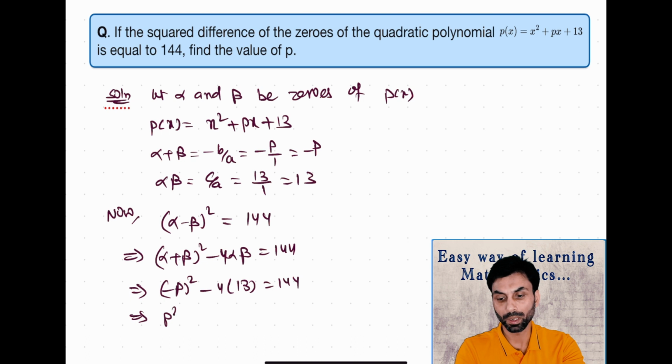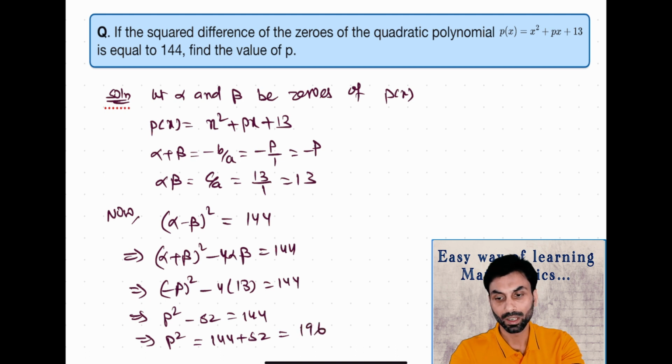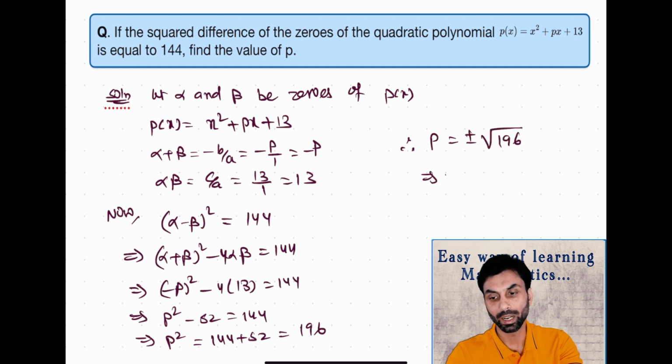Now this will be p square minus 52 equals 144, where p square can be written as 144 plus 52, which is 196. Therefore the value of p will be plus minus square root of 196, so p will be plus minus 14. And this is how we can solve this particular question.